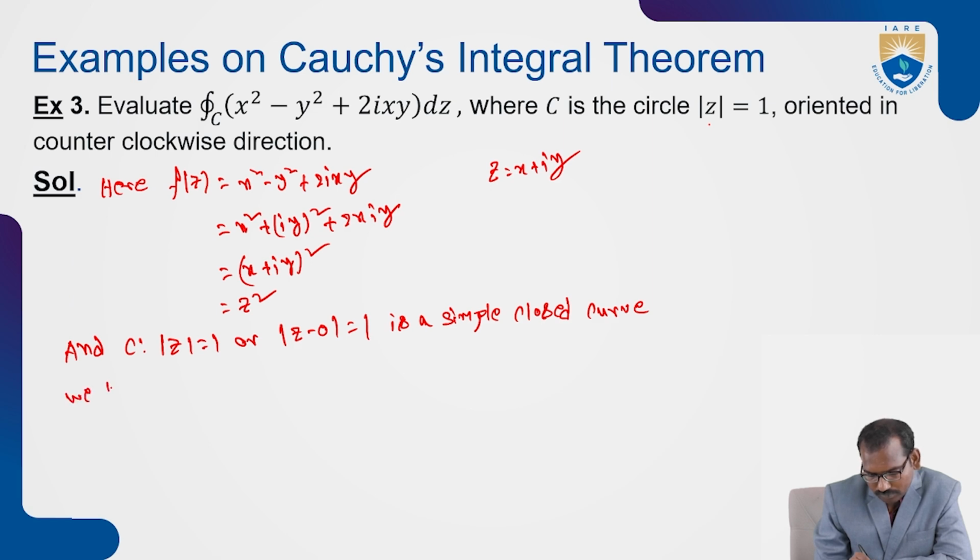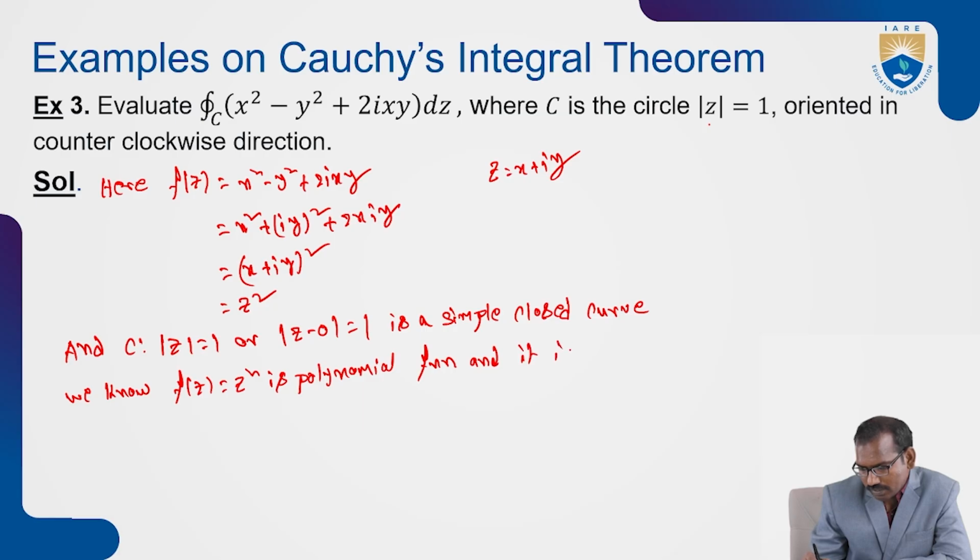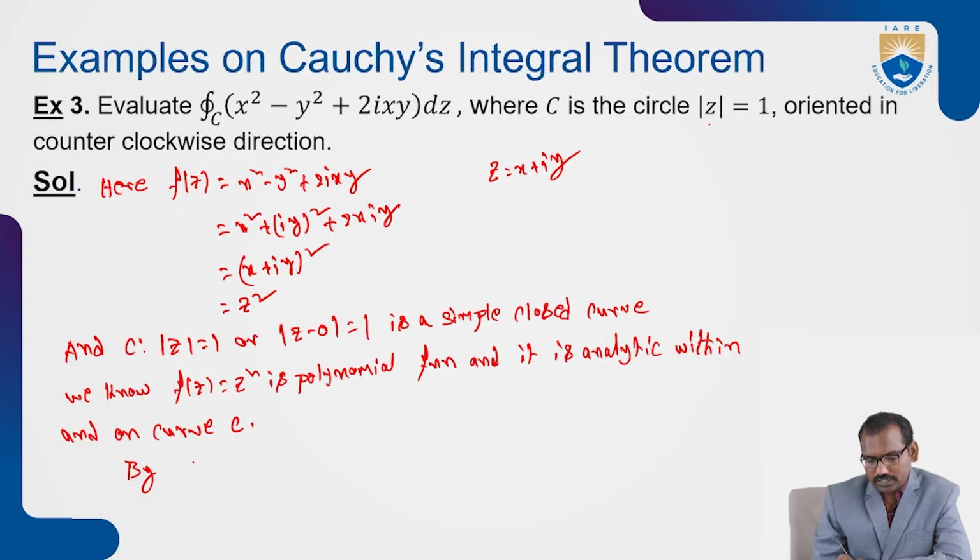We know f of z equal to z square is a polynomial function, and it is analytic within and on the curve C. By which theorem? Cauchy's integral theorem.